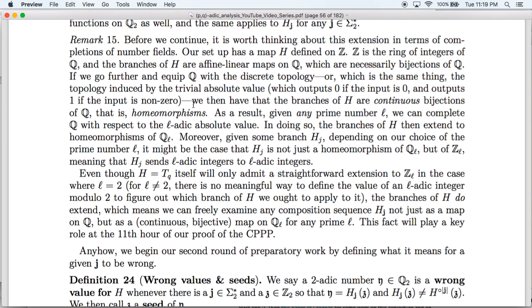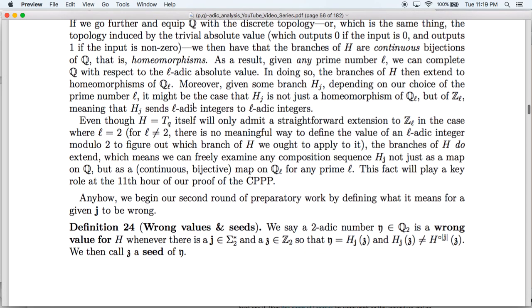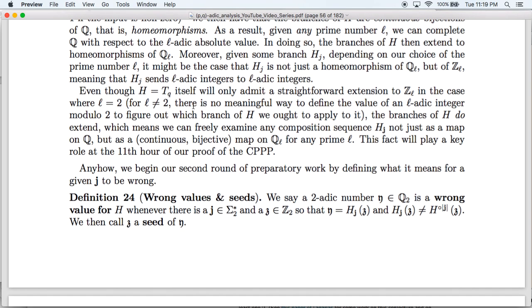Anyhow, we'll begin our second round of preparatory work by defining what it means for a given J to be wrong. So now here's a definition of wrong values and seeds. We say a 2-adic number y in Q2 is a wrong value for H whenever there is a finite string bold J and a 2-adic integer z, such that H bold J sends z to y, but H bold J of z is not the same thing that you would get if you apply H itself to z J times.